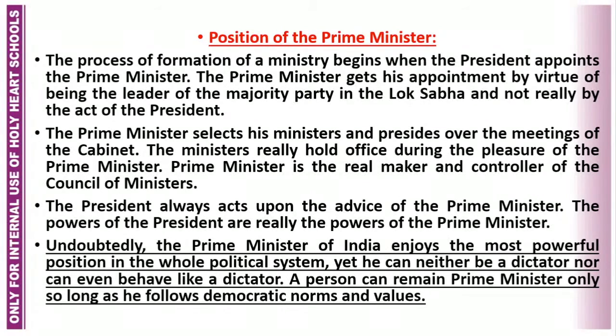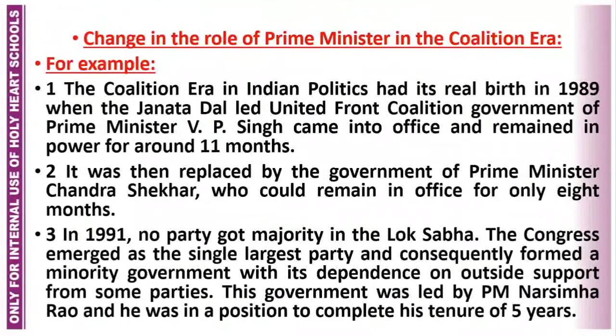Can you tell me the reason? The reason is we are living in a democratic state, because the Prime Minister also knows that after 5 years the elections will take place and in the elections it's the public who is to elect him, who is to cast their vote. If the Prime Minister behaves like a dictator in the 5 years tenure, obviously in the next elections no one will like to cast their vote for him.